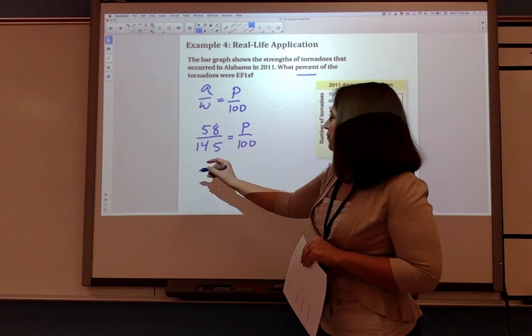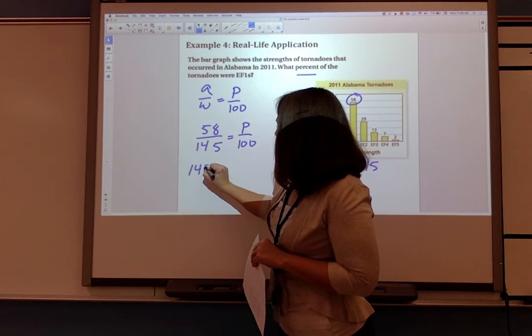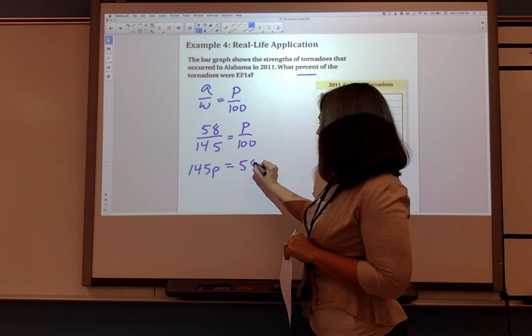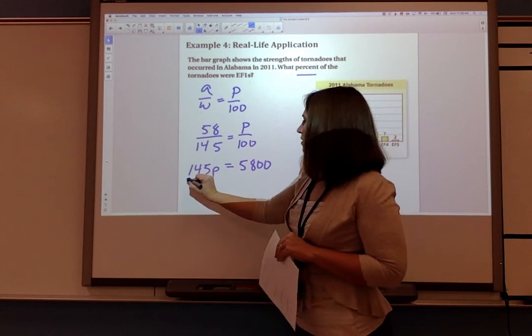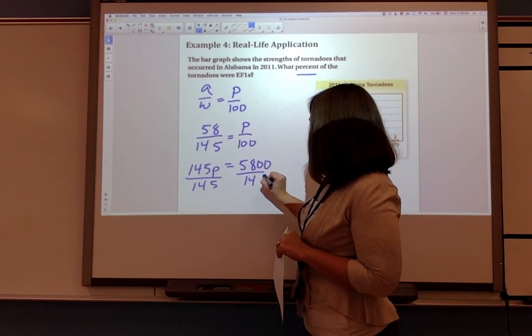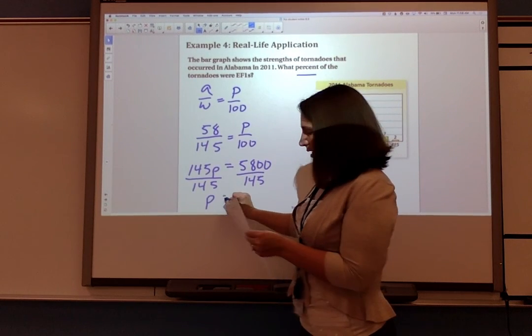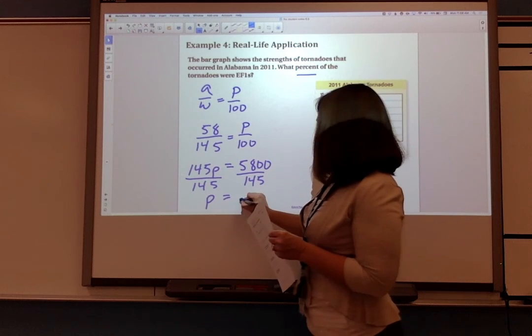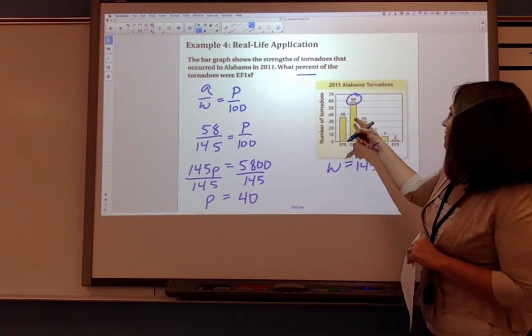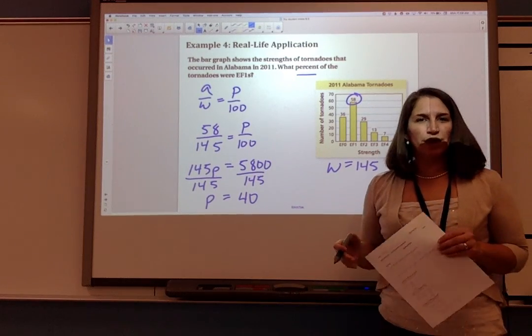So we'll do 145P equals 58 times 100 is 5,800. We'll divide both sides by 145, and we get P equals 40. So that means that 40% of the tornadoes were EF1s.